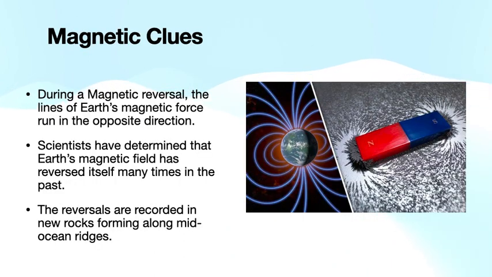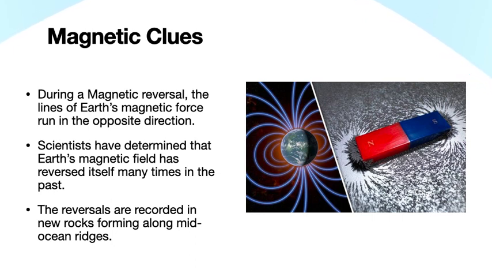So what other evidence do we have? We have magnetic clues as well. We know from previous units that Earth has an imaginary bar magnet through the middle. And for all intents and purposes, north on the bar magnet faces geographic north and south faces south.